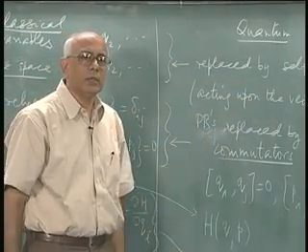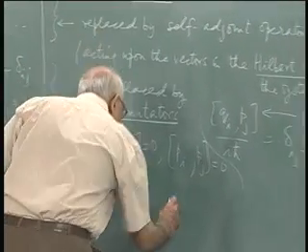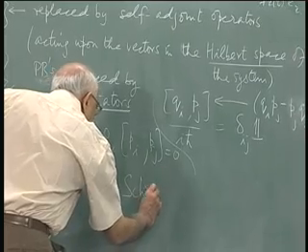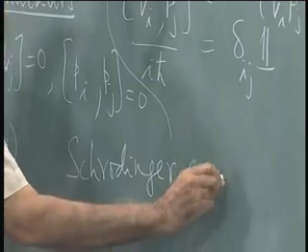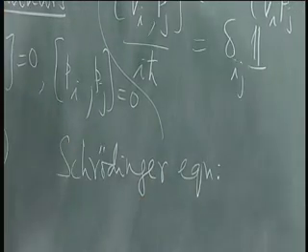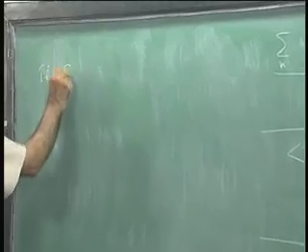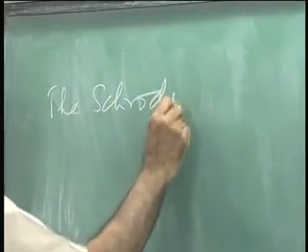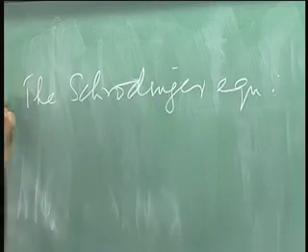How does the state vector change as a function of time? According to Schrodinger's equation, and that is the input here. The Schrodinger equation says i h cross d over dt of psi of t equals H psi of t. Let me write it down, it is so important that, that is a postulate.